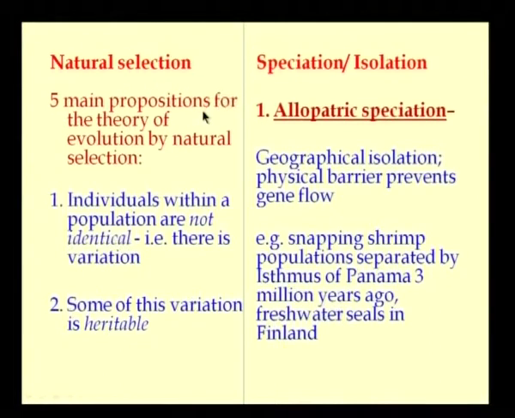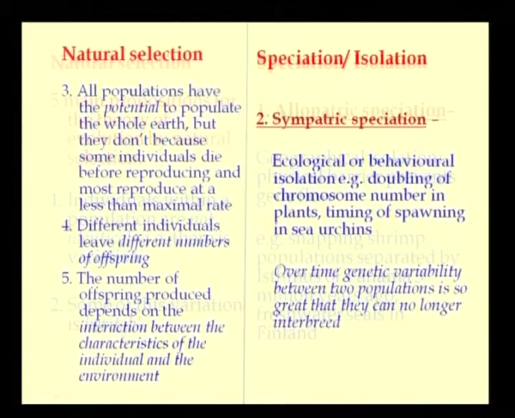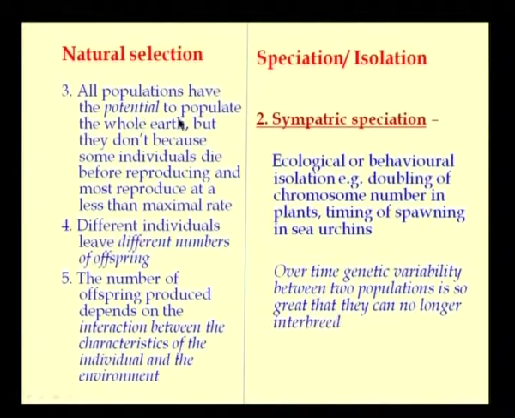5 main propositions for the theory of evolution by natural selection. So, number 1 is individuals within a population are not identical, that is there is variation, this we know. Then number 2 is some of this variation is heritable, that means it is inherited. And number 3, all populations have the potential to populate the whole earth, but they do not, because some individuals die before reproducing and most reproduce at a less than maximal rate.